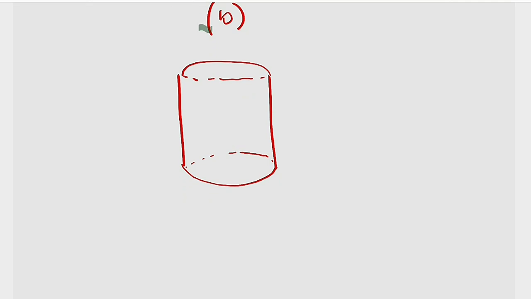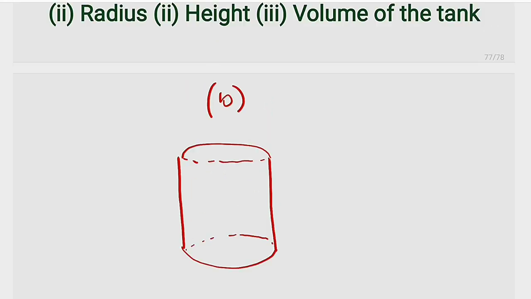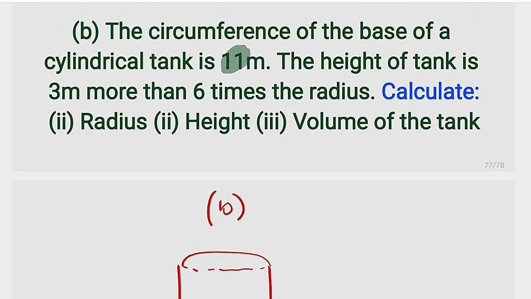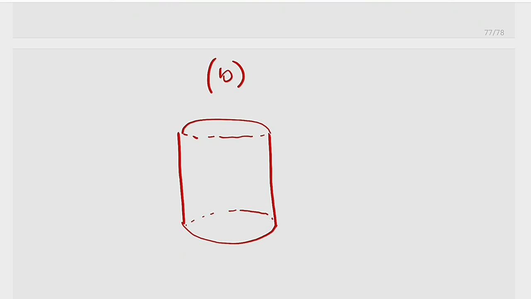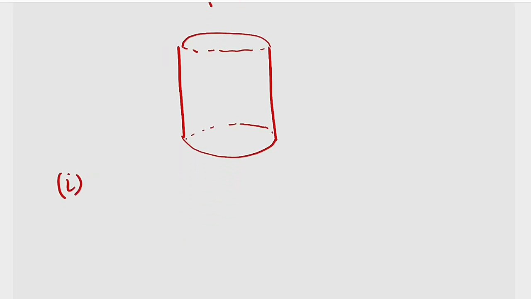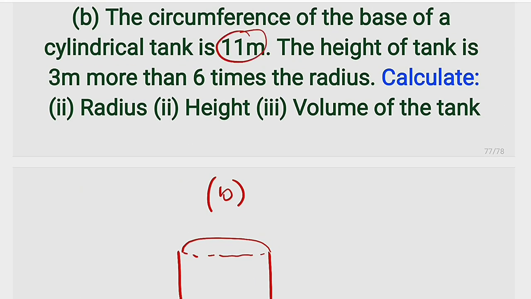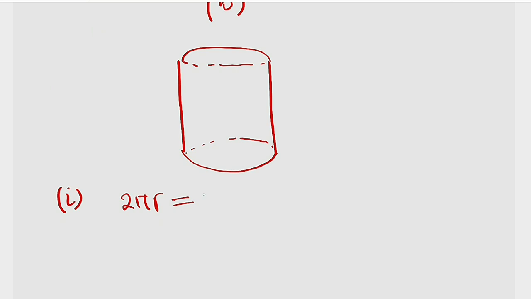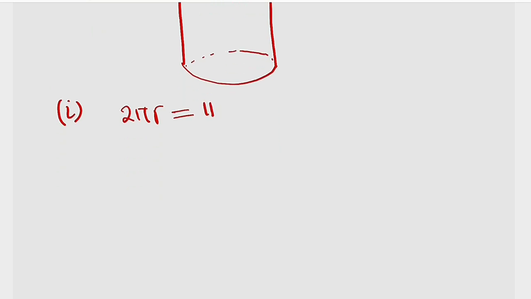So it stated that the circumference of the base, remember circumference of a circle, is given as 11 meters here. Then, okay, let me start with Roman number 1. Since we are looking for the radius, we know that circumference is given as 2 pi r, right? And the circumference is already given as 11 meters. So let us write 11 here.